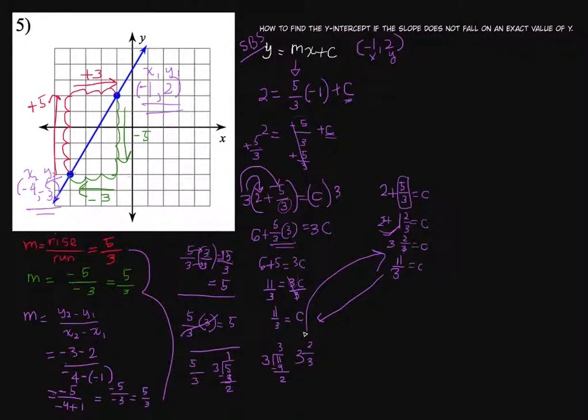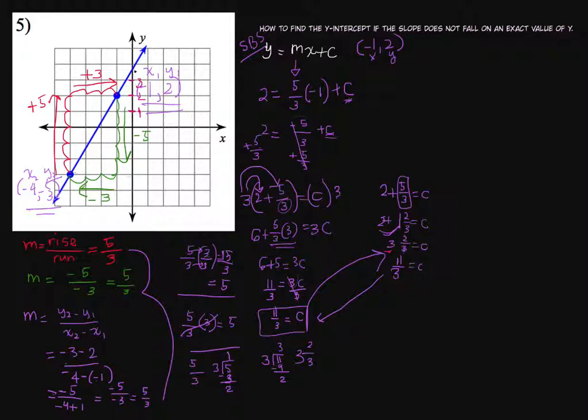So we now know that our constant is 11 over 3, or 3 and 2/3. Now let's look at our graph over here. Okay? If we count up, you will see this would be 1, 2, 3. So the whole number is the same, 3.